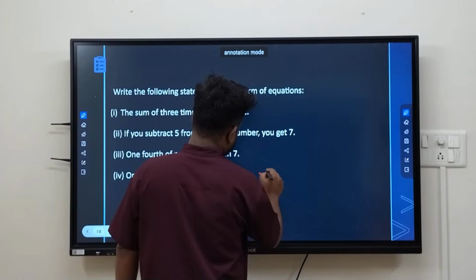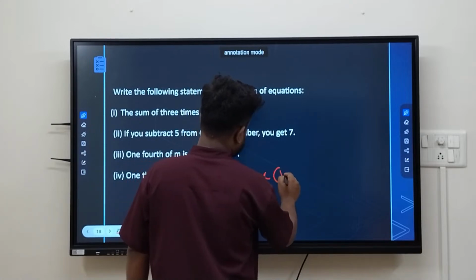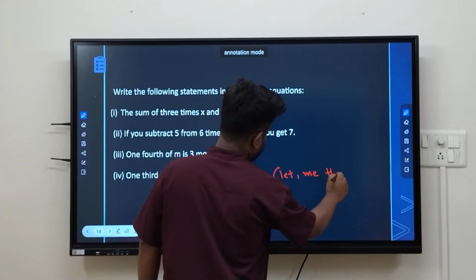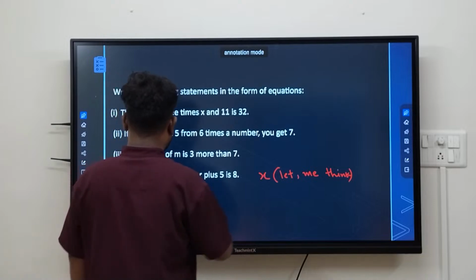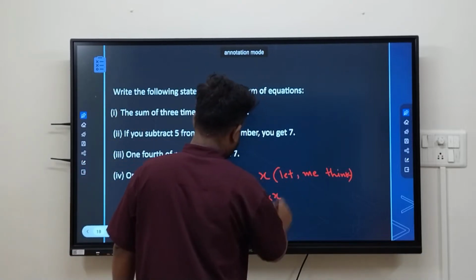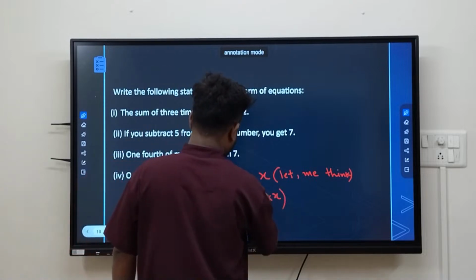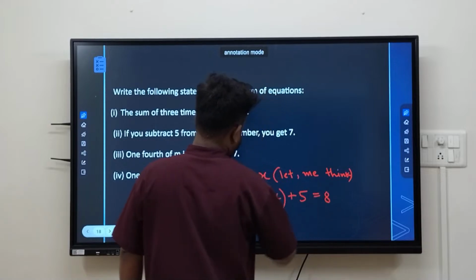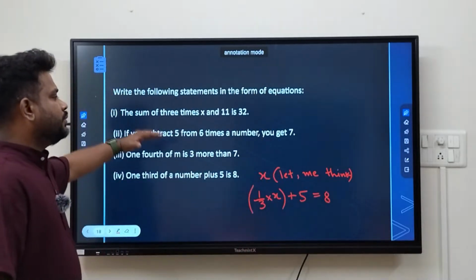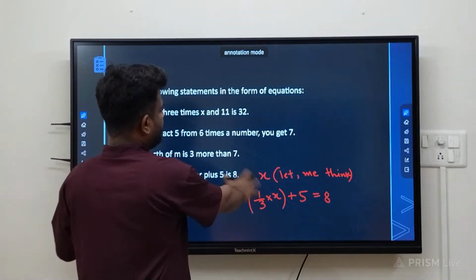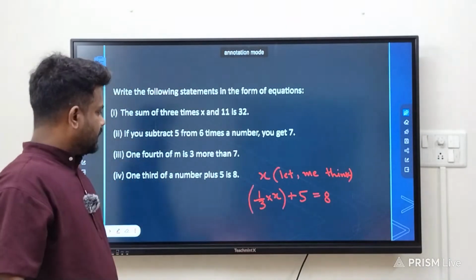Let me say that x is that number. So one third of a number means x into 1/3, plus 5 equals 8. They didn't ask us to solve this one, we are just writing it. So the equation will look like this.